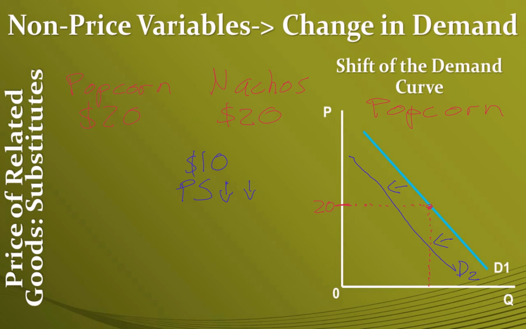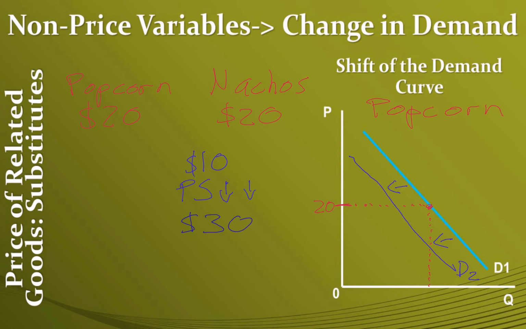Let's imagine a different case. Let's imagine that instead of going down, the price of nachos were to go up. So instead of 20 pesos, nachos will be 30 pesos. So what will happen? If nachos were to go from 20 to 30 pesos, the demand of popcorn, which is the product we are talking about in the end, we don't care what happens to the demand of nachos.